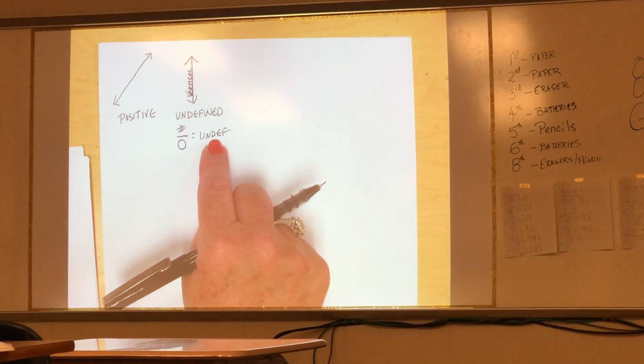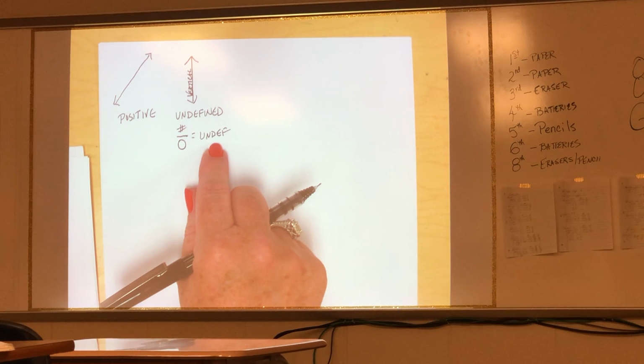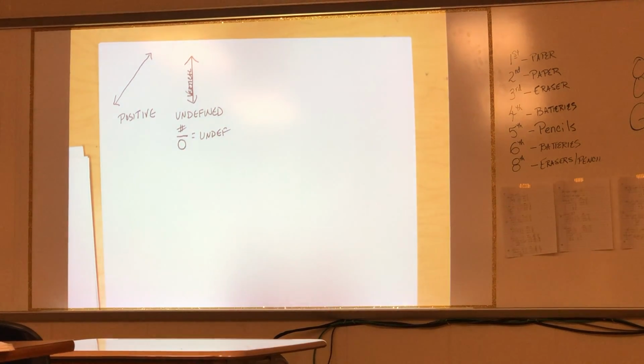I will give you no credit. Does everybody understand? Okay. Will my calculator tell me it's undefined? No. It will say error, division by 0. It won't tell you it's undefined, but it's saying, hey, you can't divide by 0. That is not defined.